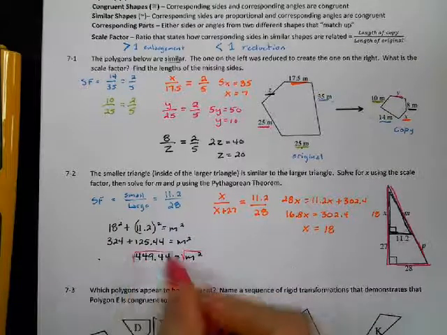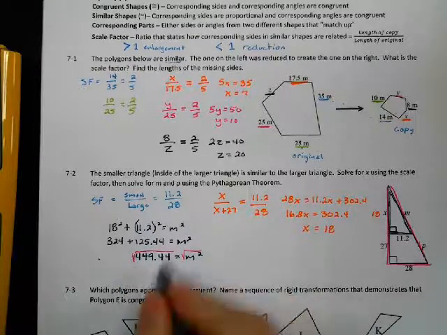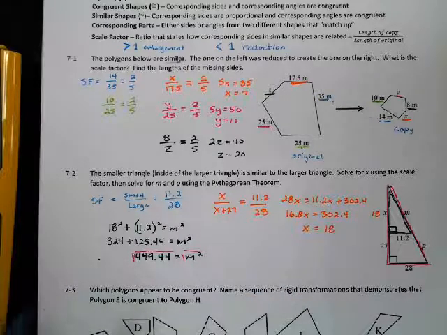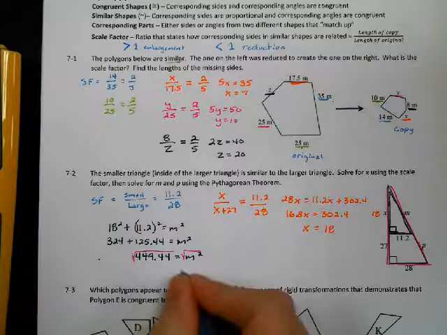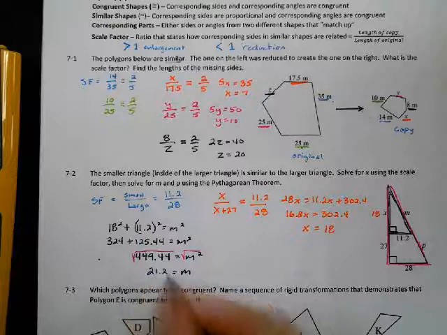The square root of 449.44 is 21.2. So we would get m equals 21.2.